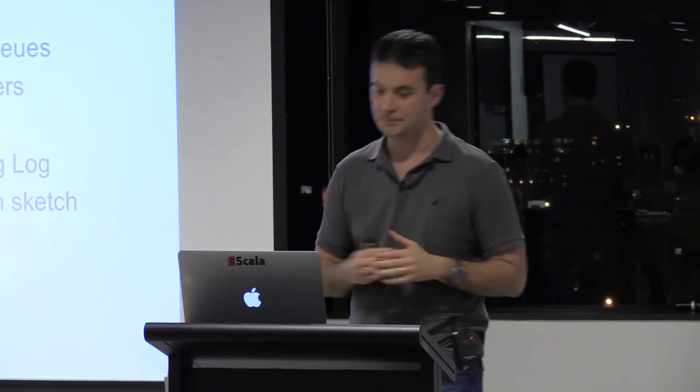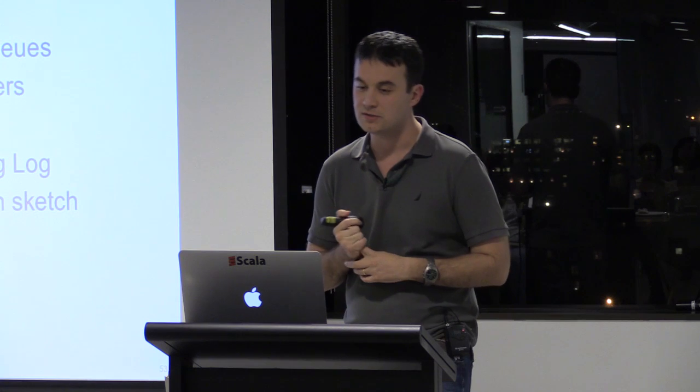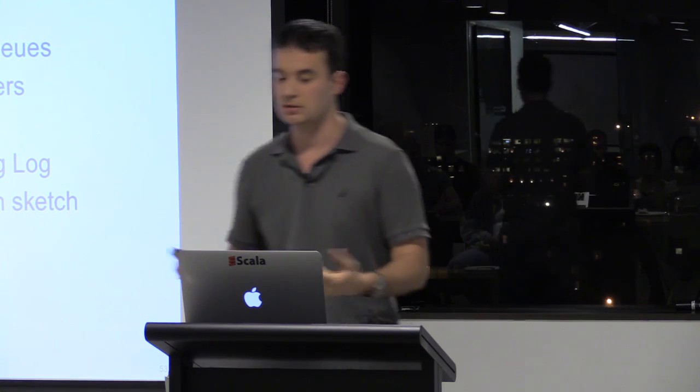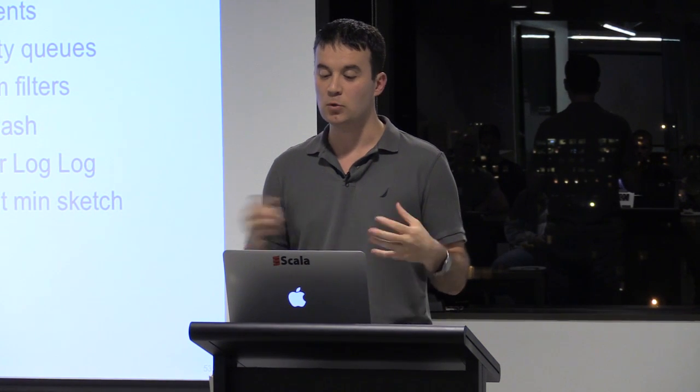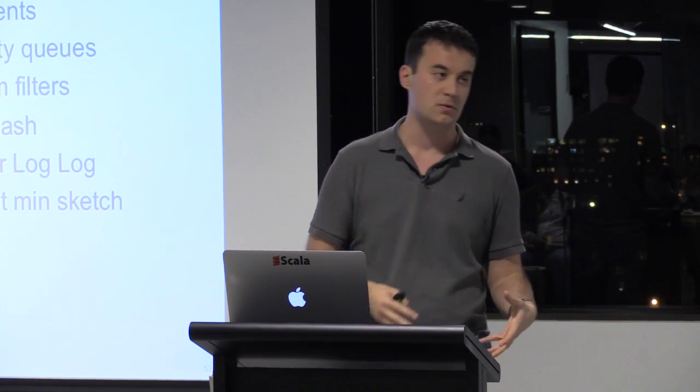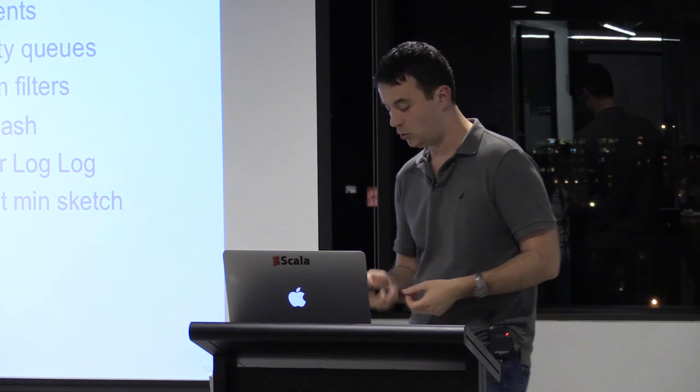And I invite you, if you're interested in the streaming, to look for one of Oscar's talks about Summingbird, which is this framework to do both streaming and MapReduce in one code base.